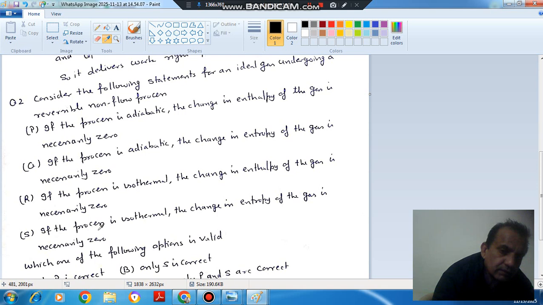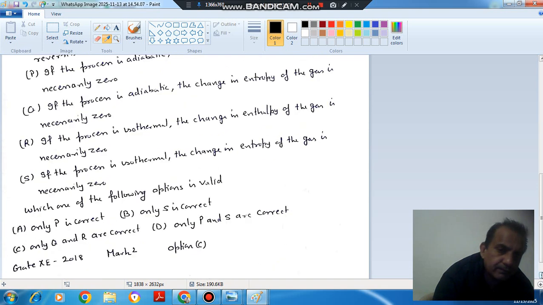S. If the process is isothermal, the change in entropy of the gas is necessarily zero. Which of the following options is valid? Option A only P is correct, option B only S is correct, option C only Q and R are correct, option D only P and S are correct.